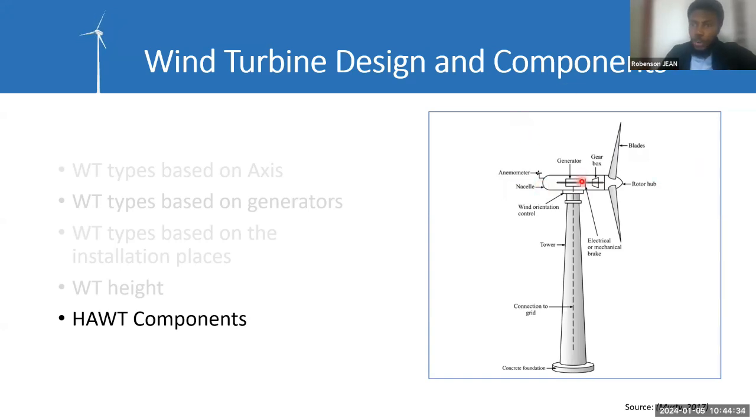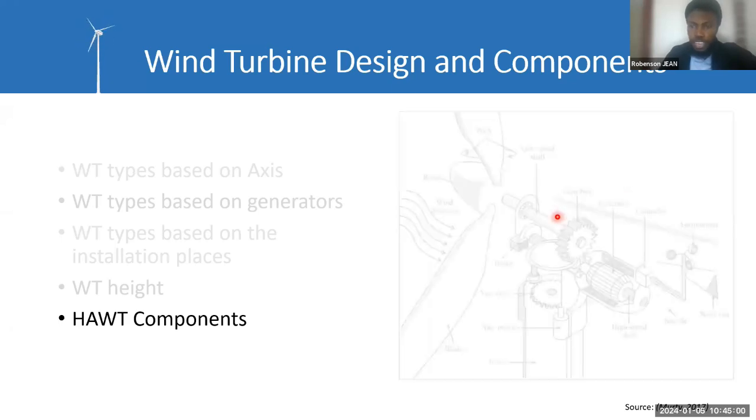So inside we can see the gearbox and the generator, and this is an anemometer in order to measure the wind speed. So we can be advised when the wind speed is getting very high, in order to activate the brake and to protect the wind turbine. So this is the yaw control for wind orientation.